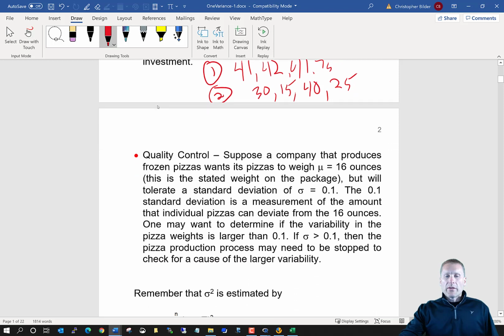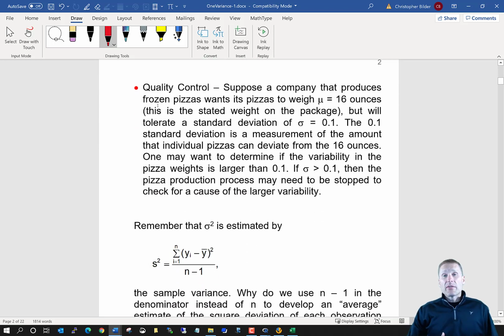Another place where making inferences about the variance is very important is with respect to quality control. For example, let's say a company that produces frozen pizza wants its pizzas to weigh, on average, 16 ounces, but will tolerate a standard deviation of 0.1 ounces. So every single pizza that's made is not going to weigh exactly 16 ounces.